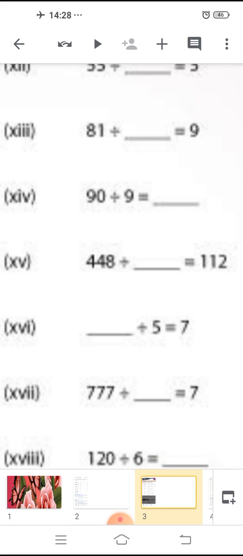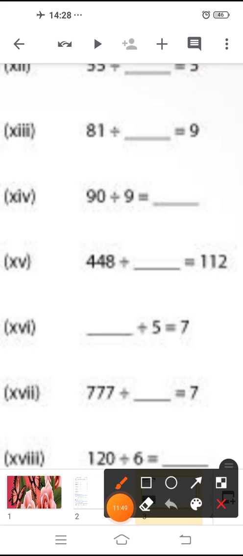Now come to next. 777 divided by what will give you 7? So children, it means 111, I think. Yes.